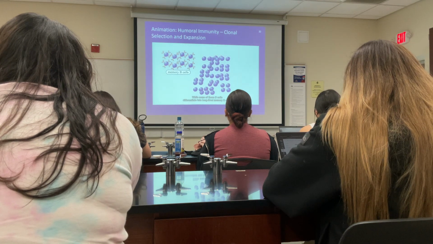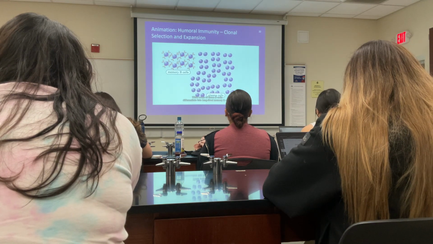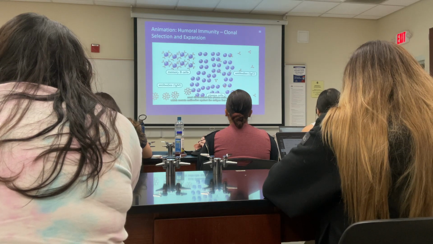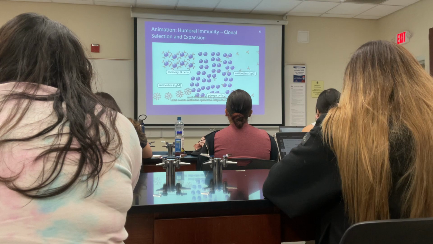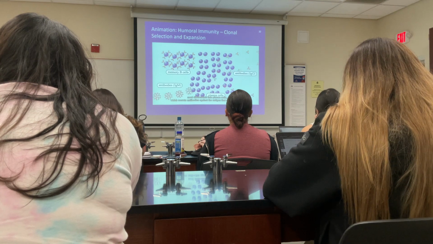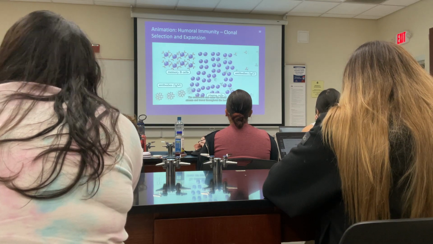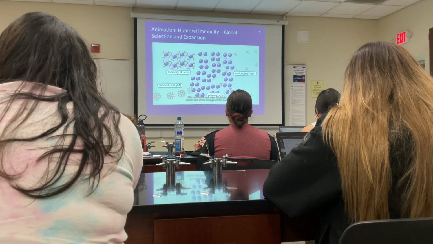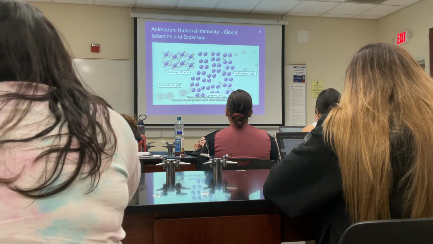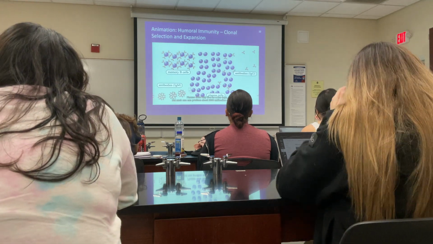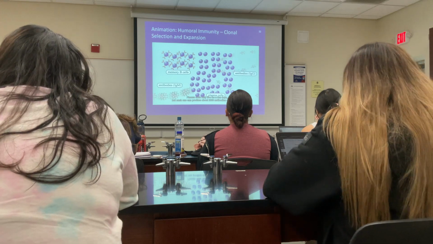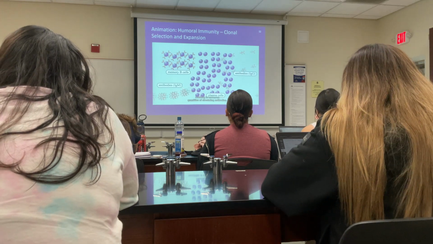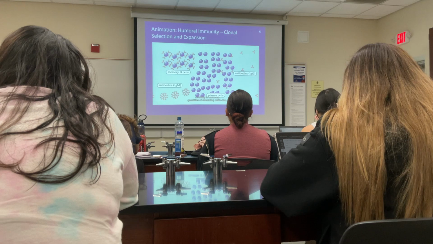While some of these B-cells differentiate into long-lived memory B-cells, most differentiate into plasma cells, which secrete antibodies against the antigen that activated them. The antibodies can enter the bloodstream and travel throughout the body. Plasma cells only live for a few days, but each one can produce about 2,000 antibodies every second, resulting in enormous quantities of circulating antibodies.